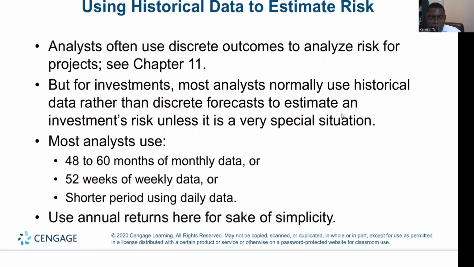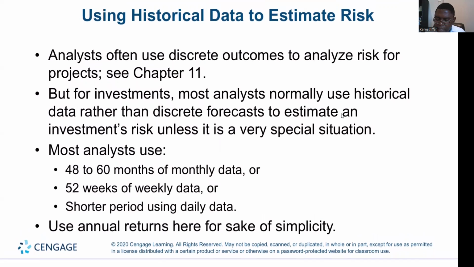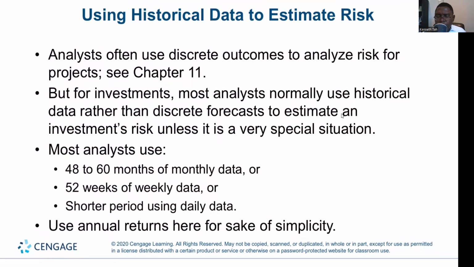Now we want to see how we can use historic data in calculating risk and return. We have seen how we calculate risk and return for a scenario analysis, in which case we are using anticipated data. It's important to note that most analysts use historic data rather than discrete forecasts to estimate investment risks.